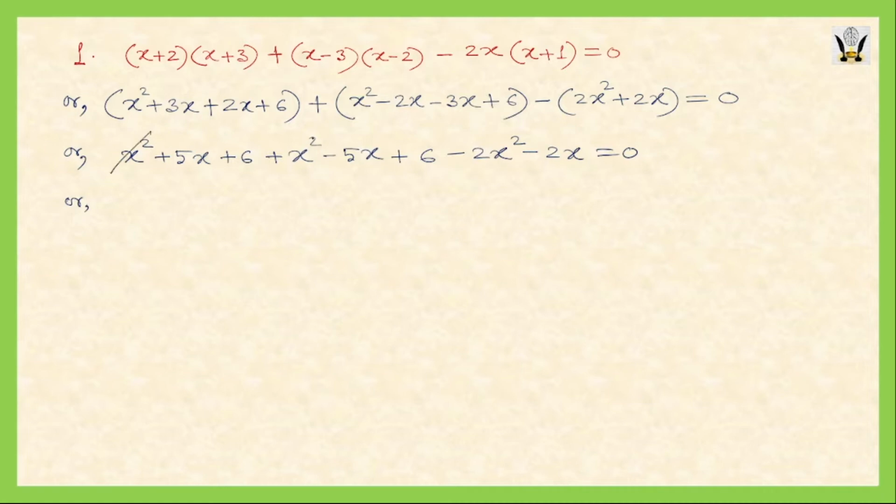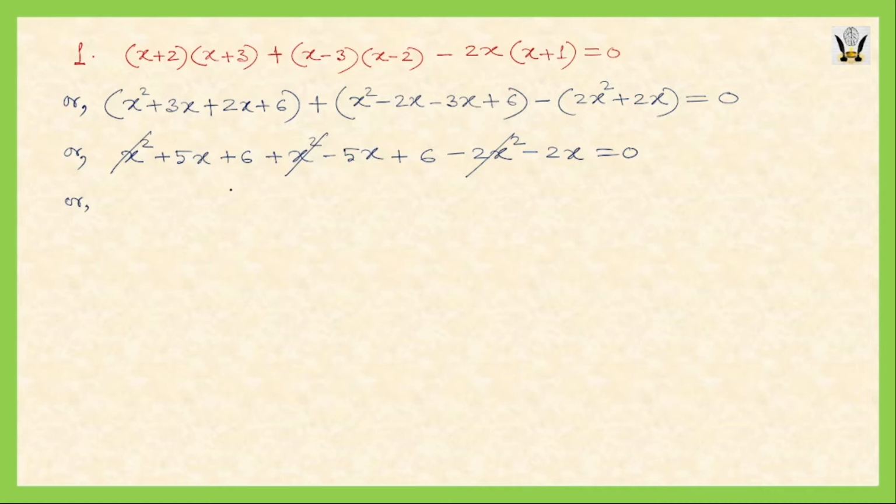So if we add 2x squared with minus 2x squared, all the x squared terms vanish from the equation. Now the modified equation does not have any x squared term, and the highest power of x is 1. So now it is a linear equation, right?